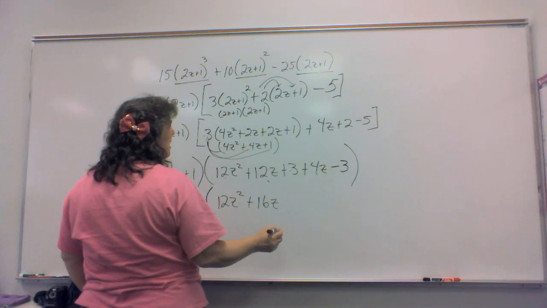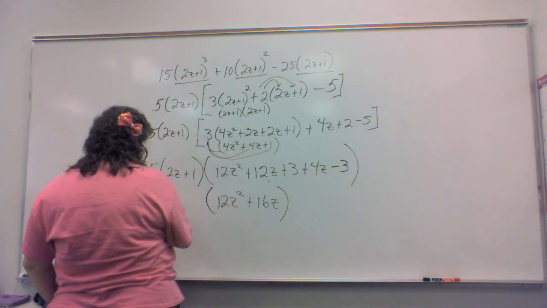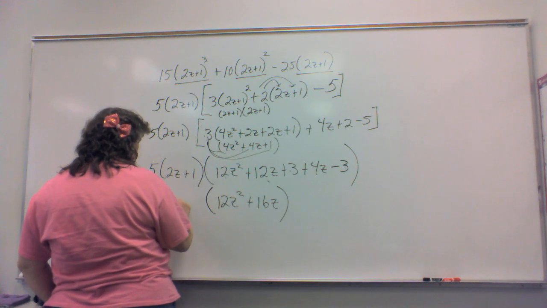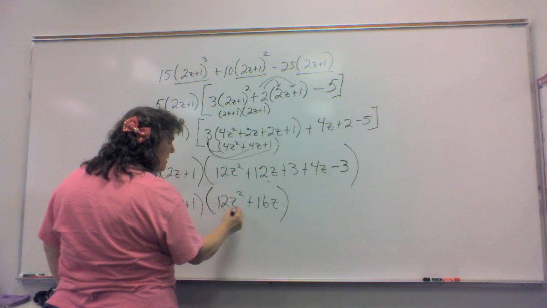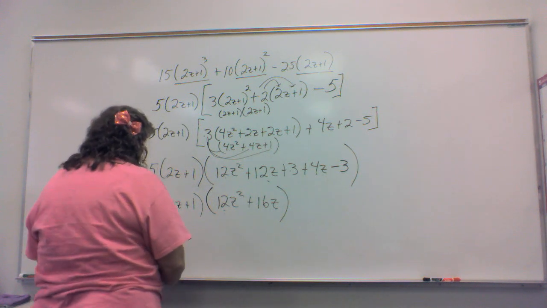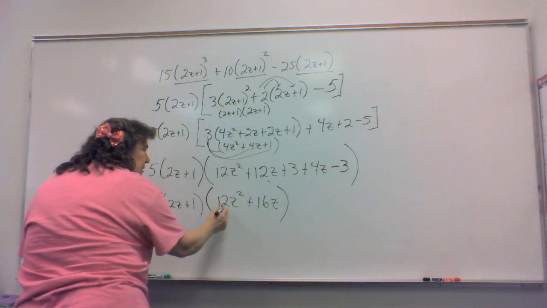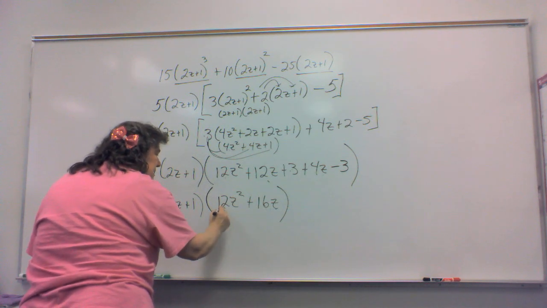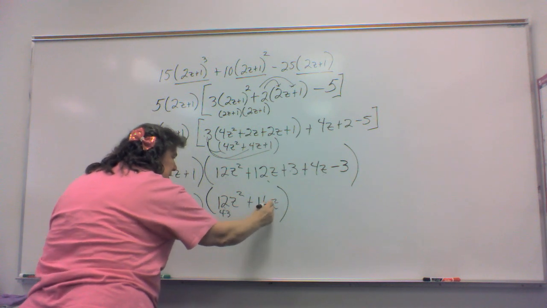So we end up with 5 times (2z plus 1) times (12z squared plus 16z). Now notice, this has a common factor again. So we can factor that common factor out. So we have 5 times, and let's put that here. 12 and 16 has a common factor of 4 and a z.